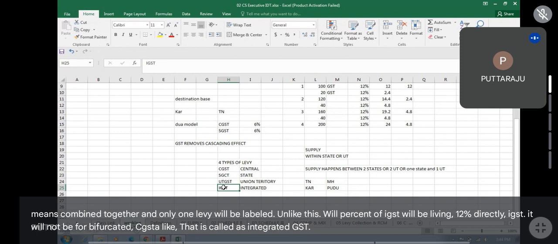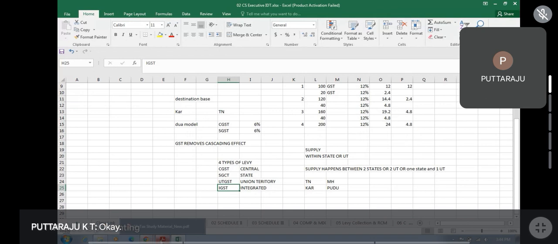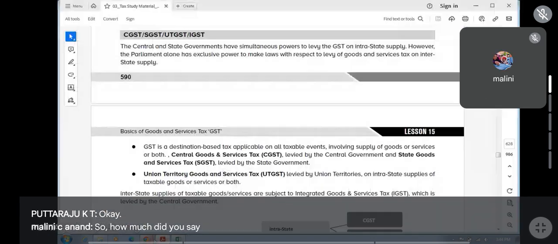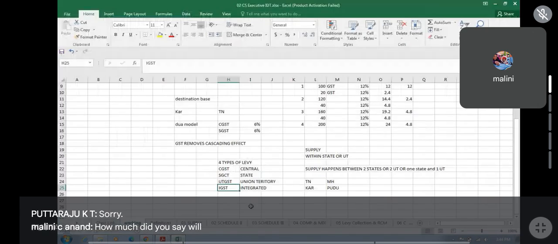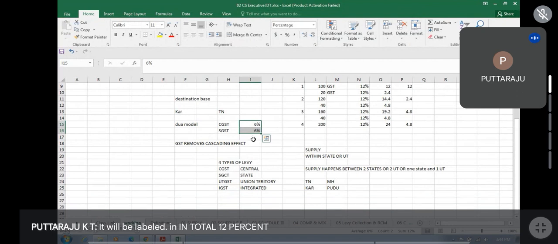Understood? Yes, sir. So how much did you say will be levied? It will be levied in total 12%. See, it will be different for different supplies.